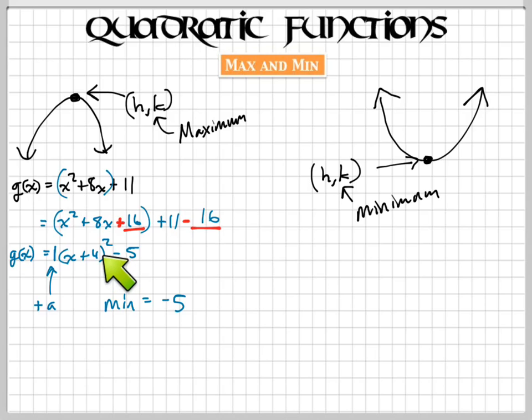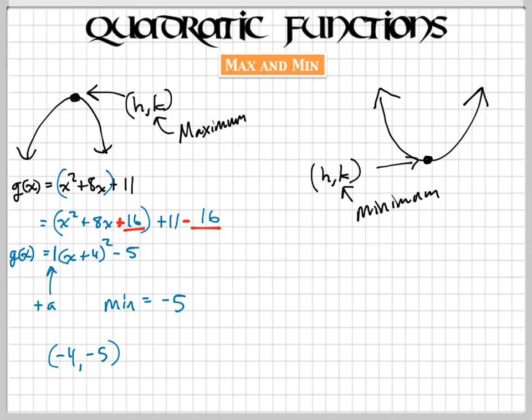In order to come up with the answer to that question, what did we do to this 8 to get the 4? Divided by 2. Is that right? Okay. Well, what is the vertex? It's -4, -5, right? Yeah.